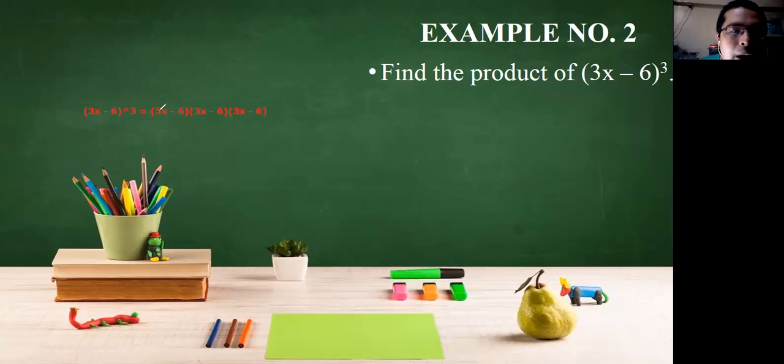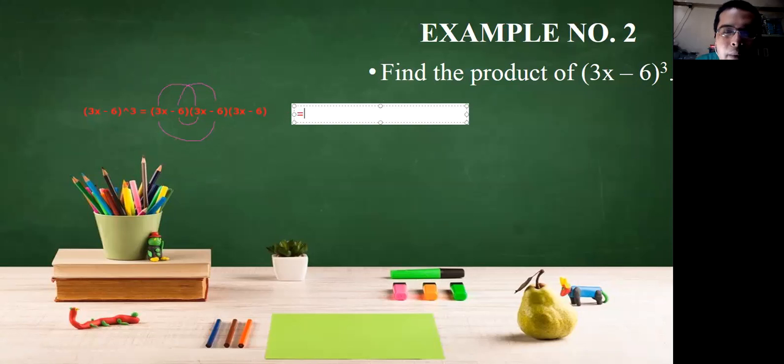We're going to multiply first the first two binomials. This will be the first term, this will be the outer term, this will be the inner term, and this will be the last term. The product of the first terms is 9x squared.